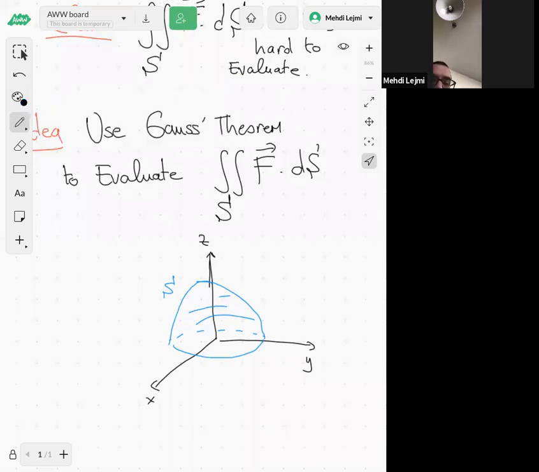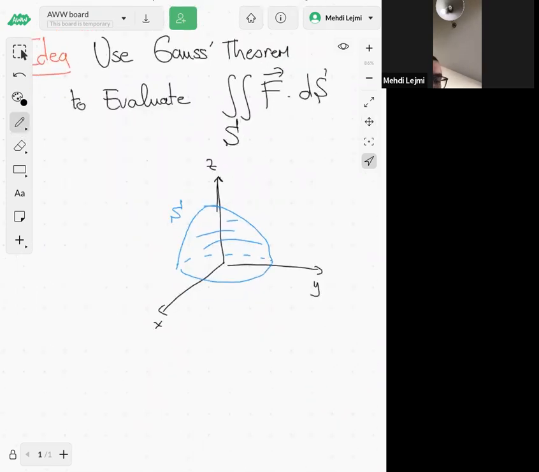So all I have to do is take the solid E as the inside of this paraboloid. So let's take the solid E with boundary S.